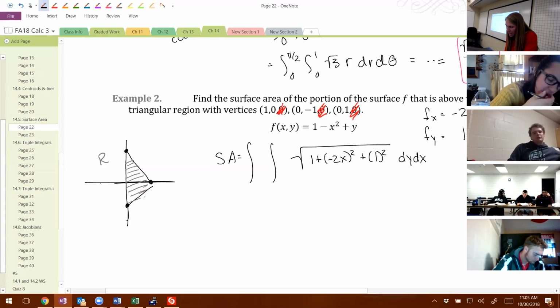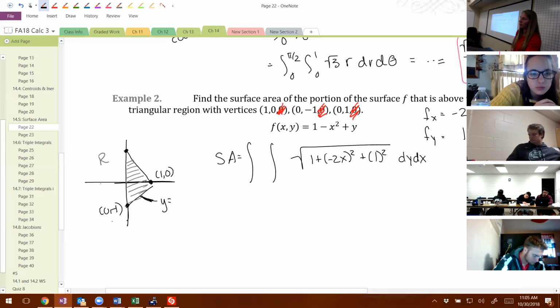Okay, so for dy dx, this guy down here is going to control our lower bound for y. We're not given an equation for that, so we need an equation for this line. But if you think through it, hopefully it's not too hard to see where it comes from. If we go back and find the slope of this line is 1, y-intercept is -1, you eventually just get x minus 1 for that line.